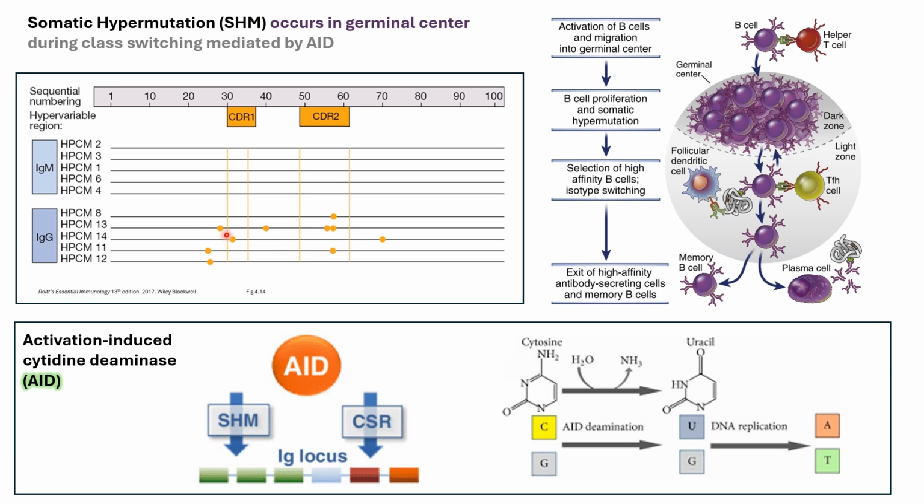So the first strange thing, it's not strange now, but it was strange when it was discovered, is that after all this amazing combinatorial diversity through the VDJ recombination, along with the junctional diversity with the P nucleotides and the N nucleotides, in addition to all of that diversity, after class switching has occurred from IgM class to IgG class, more mutations appear here.